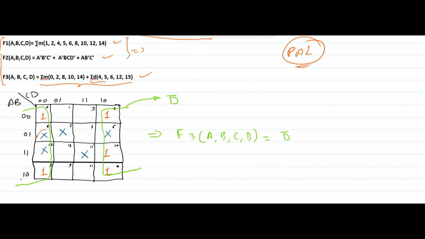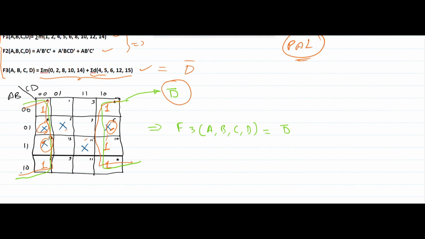So these crosses I will consider as 1, and this cross I will consider as 0. So considering these 3 crosses as 1, I will get a group of 8 elements. This 4 and this 4 will give a group of 8. So that will result in d bar only. That means function f3 is nothing but d bar.